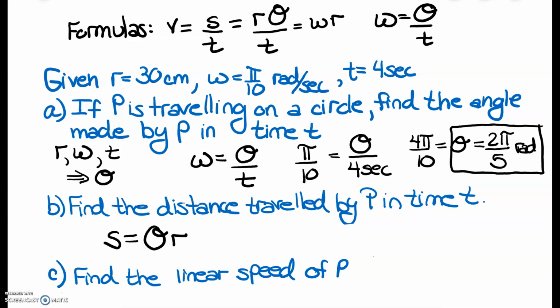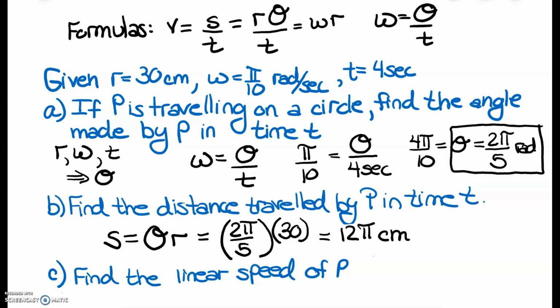We know that the angle that we traveled through in 4 seconds is what we calculated in part A. So we're going to use 2 pi over 5, and then we're going to multiply that by our radius, which is 30 centimeters. When we simplify that, we get 12 pi centimeters. So it traveled over an arc of 12 pi centimeters.